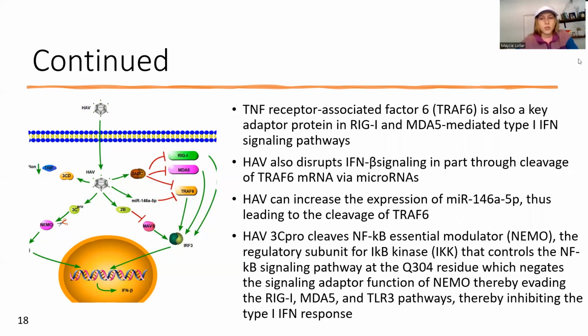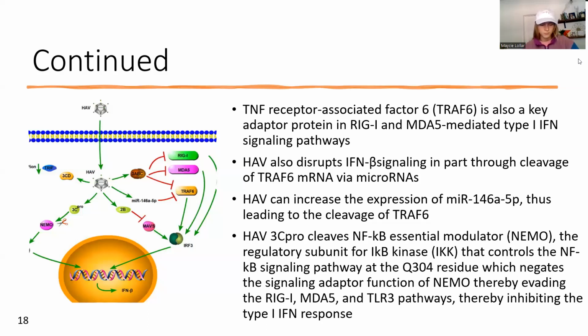So HAV also disrupts the interferon beta signaling in part through the cleavage of the TRAF6 mRNA via the microRNAs. So HAV can increase the expression of miR-146a-5p that leads to the cleavage of the TRAF6.